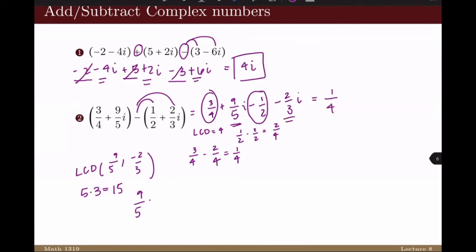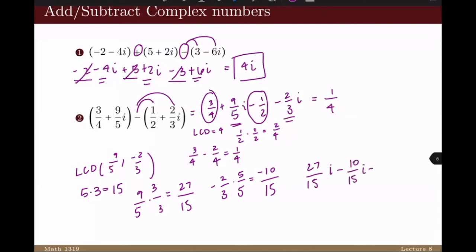So I'll have 9 times 3 on the top, which is 27, and 5 times 3 on the bottom, which is 15. And then I have negative 2/3, and I'm going to multiply by 5 over 5. So negative 2 times 5 is negative 10, and 3 times 5 is 15. So then I'll have 27 over 15i minus 10 over 15i, which is 17 over 15i.